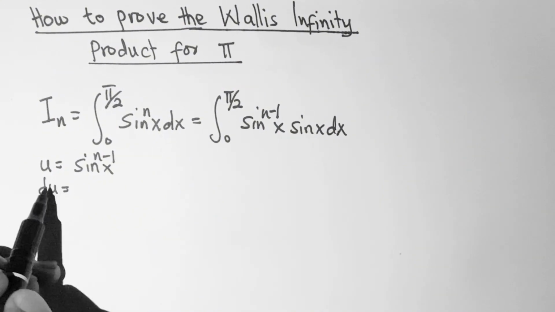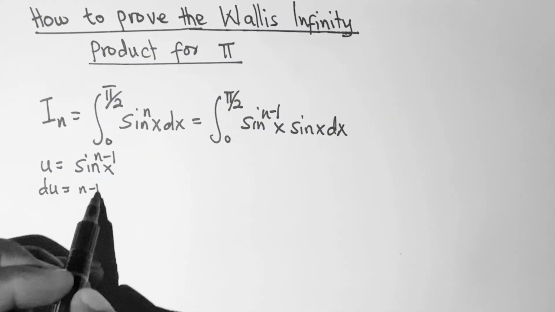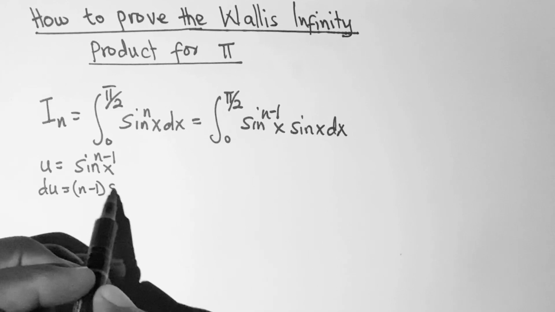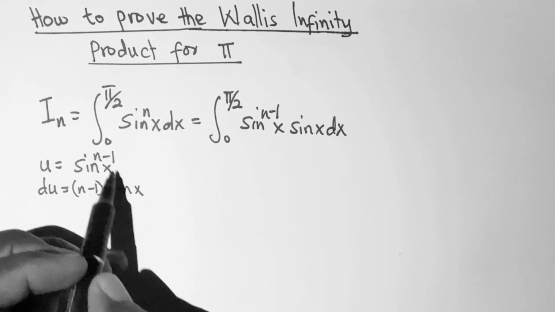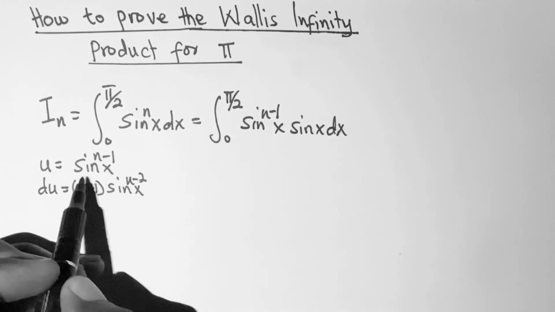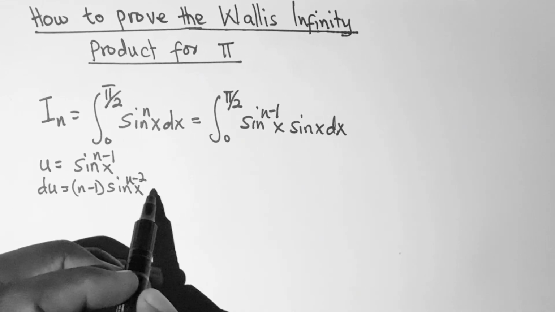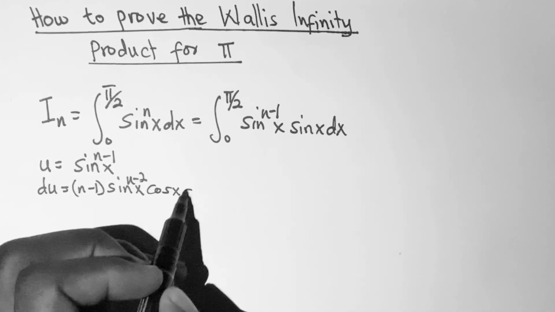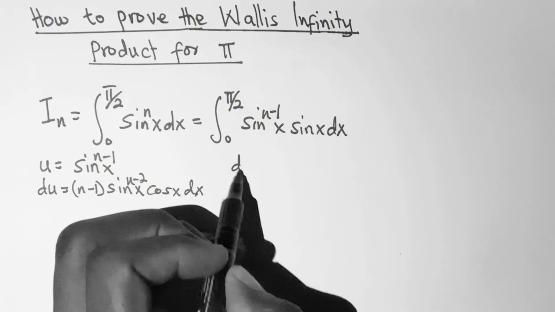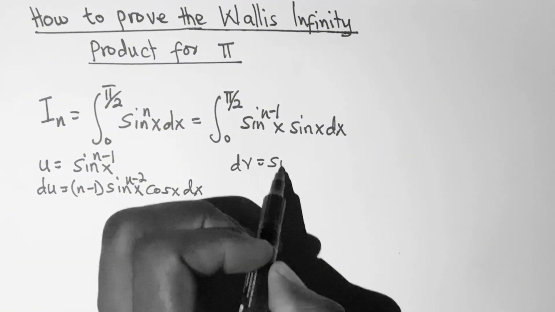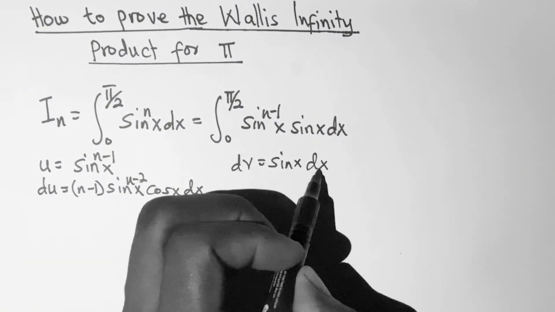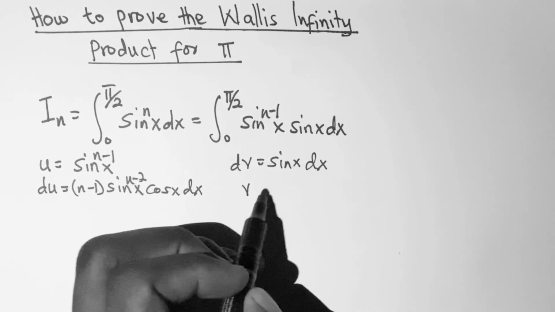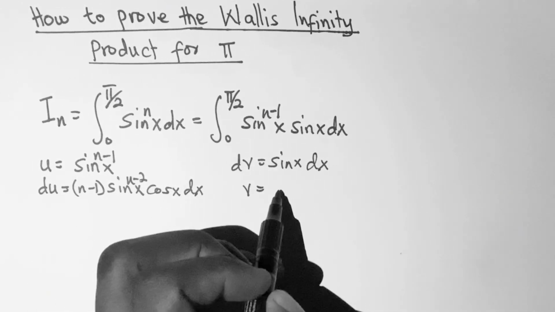So du is equal to, bring n minus 1 down, then multiply by sine x exponent, now it becomes n minus 2, and if we differentiate sine x itself, it becomes cos x dx. Then let dv be equal to sine x dx. If you integrate dv, we get v, which is equal to minus cos x.